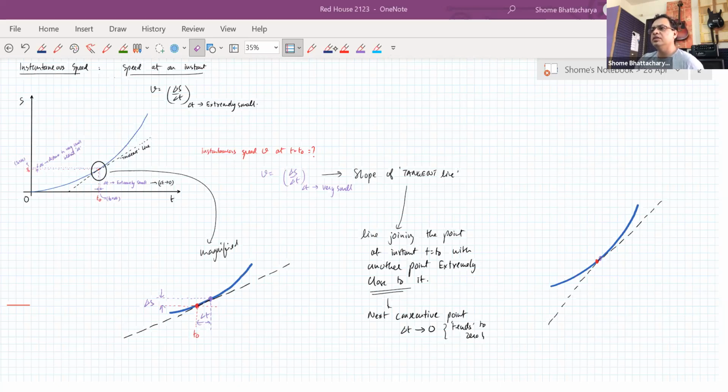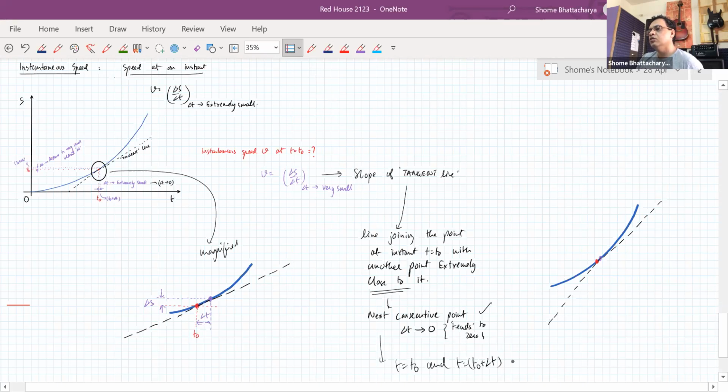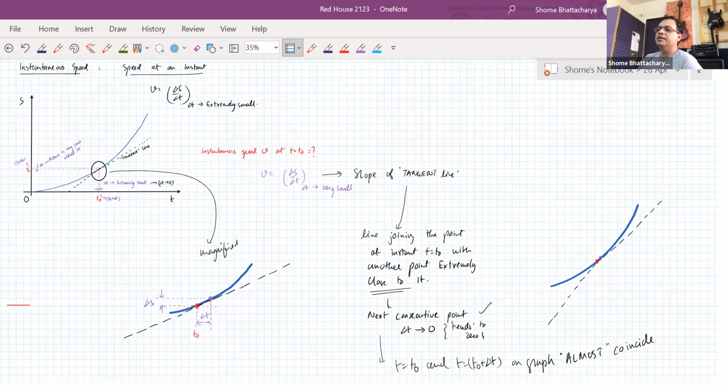If it's a next consecutive time point on the graph, then t equal to t naught and t equal to t naught plus delta t on the graph almost coincide or overlap, because they are two consecutive points.